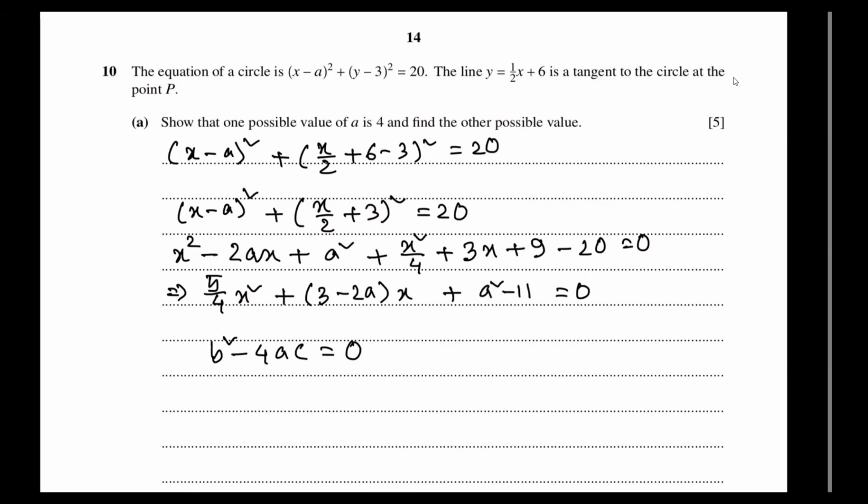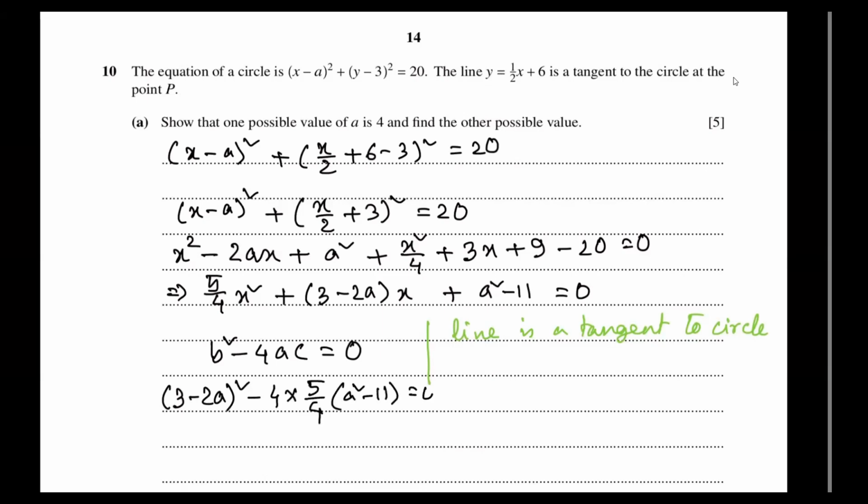Because the line is a tangent to the circle. Now if we apply b squared minus 4ac equal to 0, b is 3 minus 2a, a is 5 by 4, c is a squared minus 11. This is equal to 0.